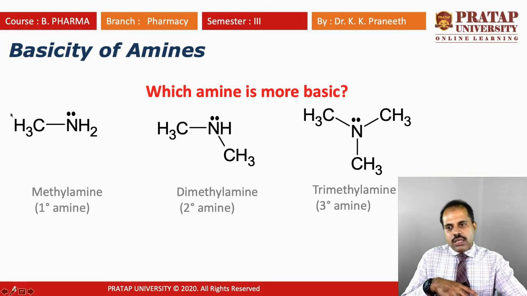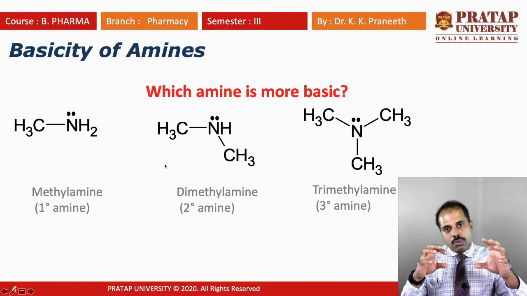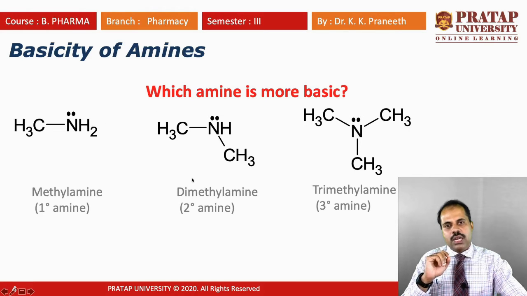Now compared to methylamine, there are two CH3 groups in dimethylamine. So there is more electron push happening, and it can easily donate this electron pair. So this will be more basic than methylamine. This is a valid assumption: if you have one CH3 group versus two CH3 groups, the latter should be more basic because two CH3 groups can push the electrons, since it's an electron releasing group.